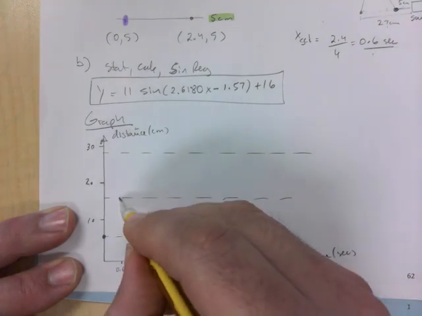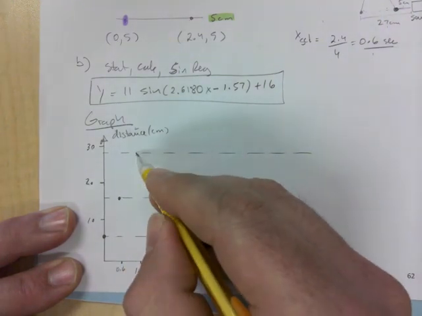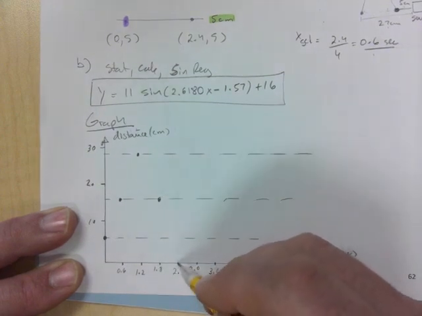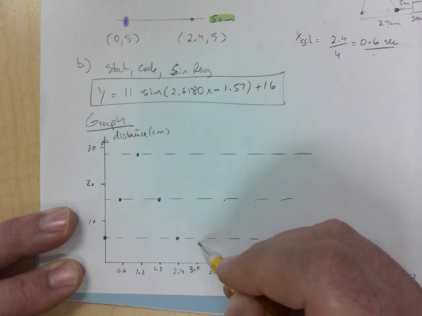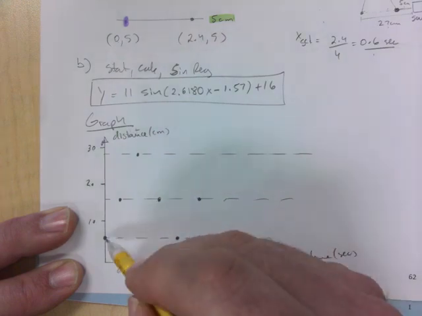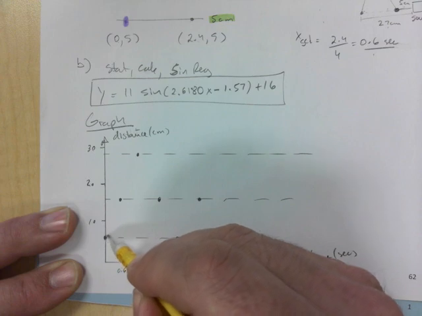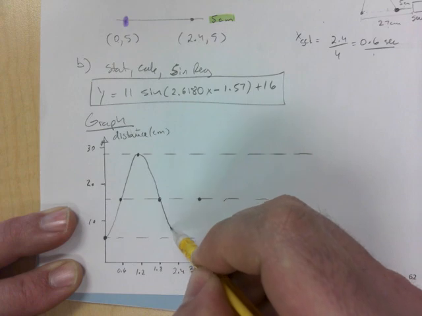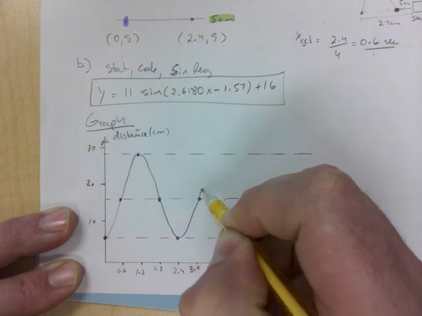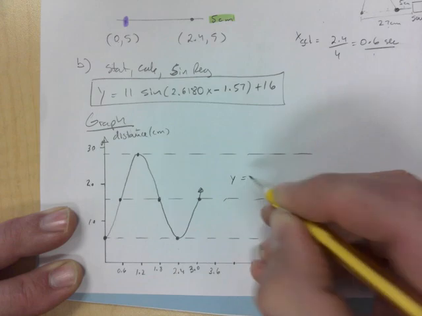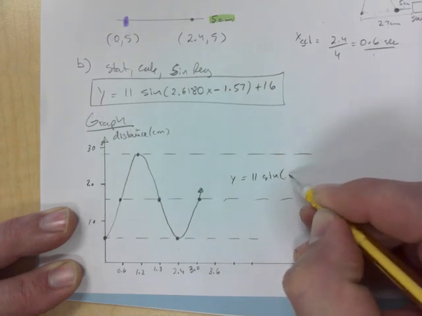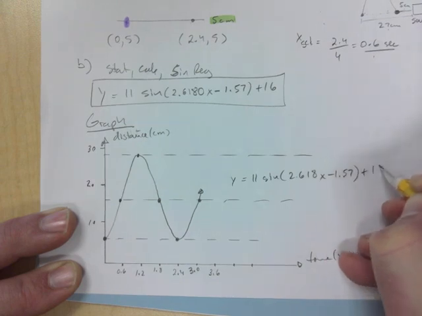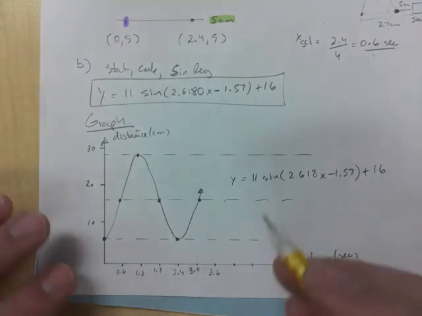At 0.6, I'm 16. 1.2, 27. 1.8, I'm back to the middle. 2.4, I'm here. 3, be right there. So remember, you're going like this. Should never surpass your min or your max. Okay, there we go. There's your graph.